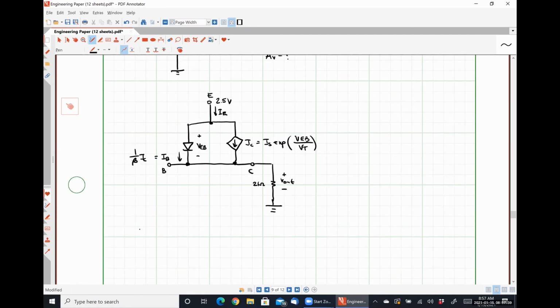So V out we know is going to be 2 kilo ohms times the current flowing through that resistor. So that begs the question of what is that current flowing through that resistor going to be in terms of our collector current, IC.